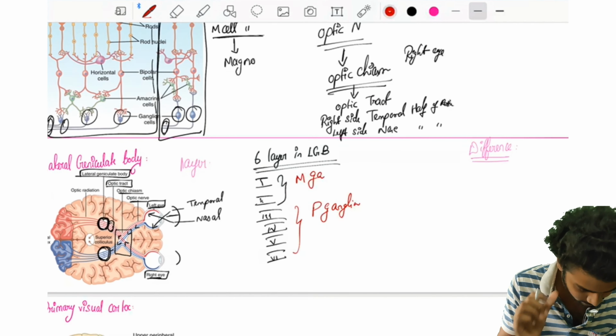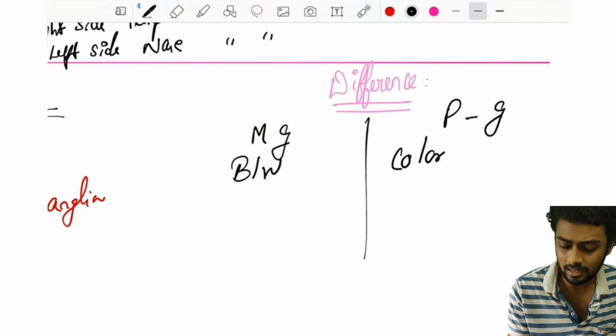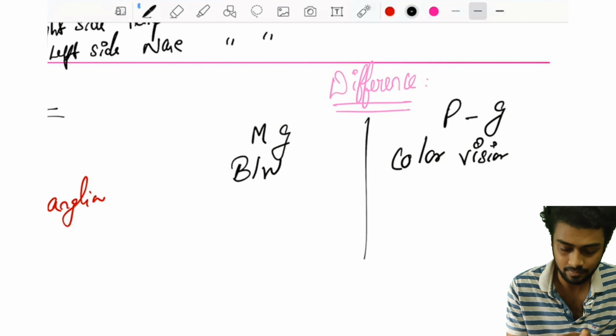The M ganglion cells carry only black and white, guys, whereas the P ganglion cell carries color vision. They are responsible for color vision. Okay, and number 2, the M ganglionic cells have higher velocity, while the P ganglionic cells have lower velocity.